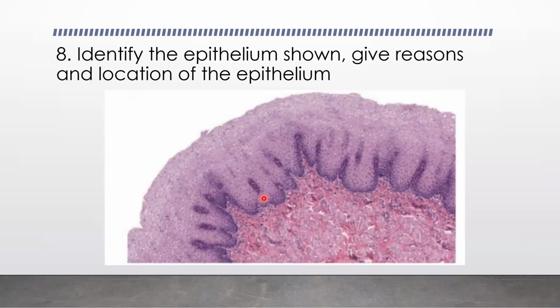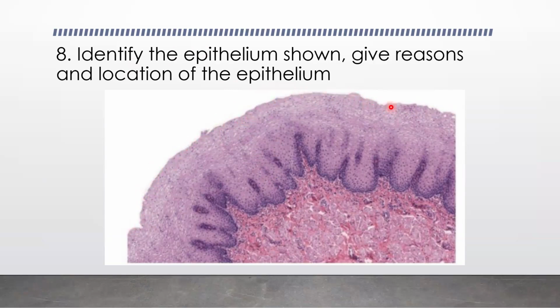This is a similar case to the one we covered earlier. You can appreciate that this is stratified squamous non-keratinized epithelium. There is no modification; we can't appreciate keratin. Stratified squamous non-keratinized epithelium is found in the ectocervix, in the vagina.